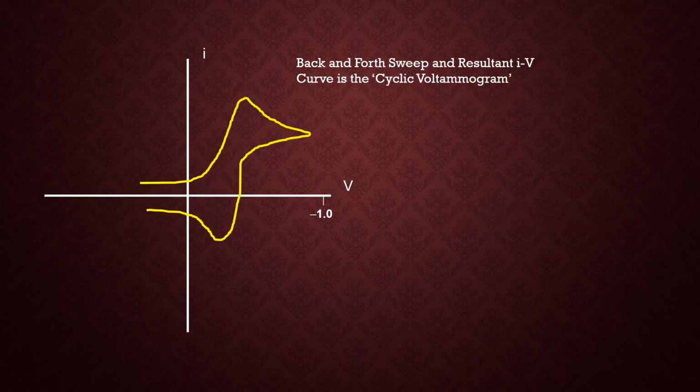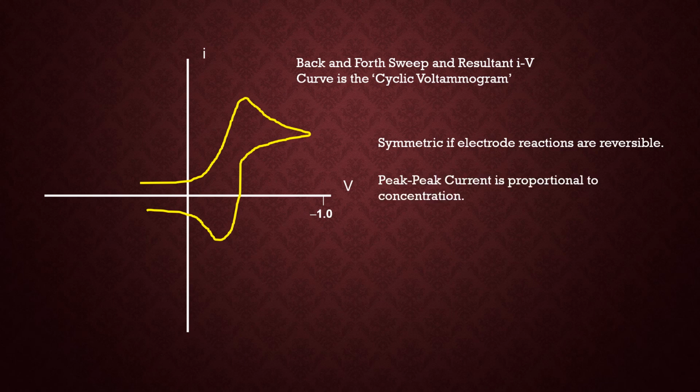Most times you get something in a real situation, particularly if it's symmetric, something that looks like this artfully drawn cyclic voltammogram. This is a freehand drawing, sorry. But it should be symmetric if you have electrode reactions that are reversible and you're strictly limited to kinetic and capacitive effects, where the kinetics are the same for both oxidation and reduction. Assuming that it's reversible and symmetric, the peak-to-peak current is proportional to concentration.